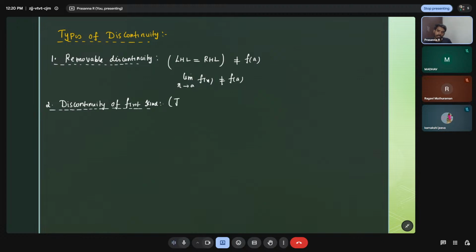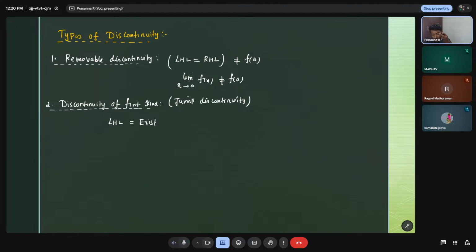It is also called jump discontinuity. LHL exists. Exist means it is finite, right?